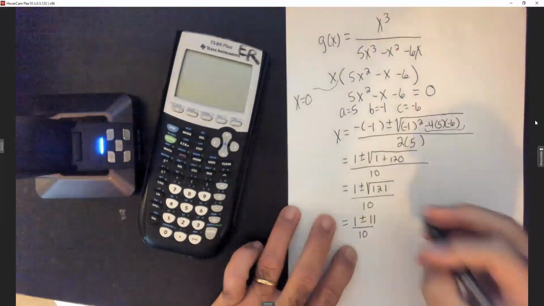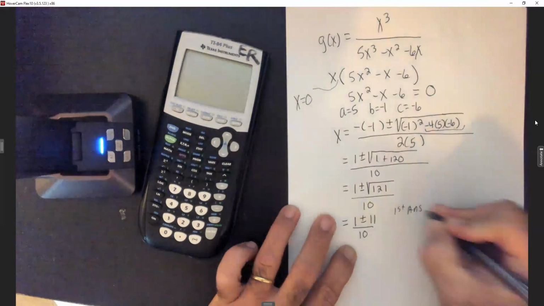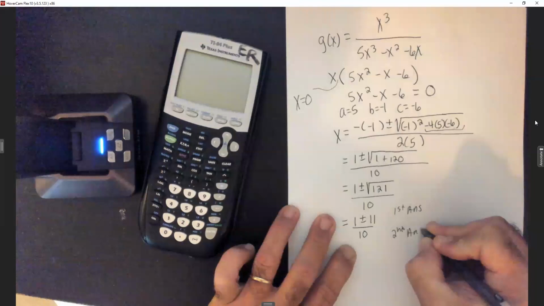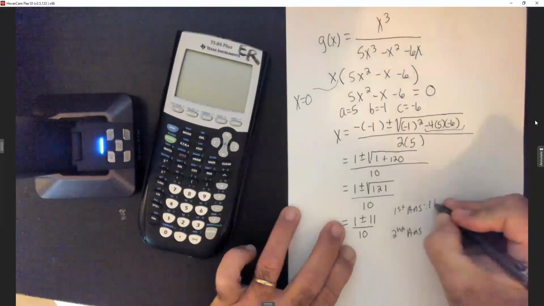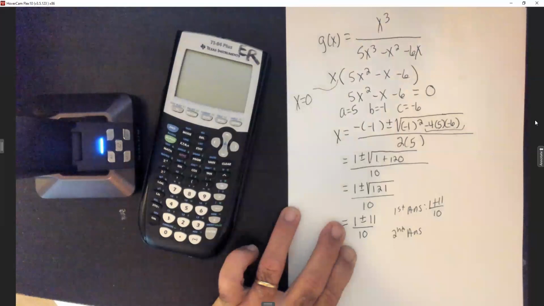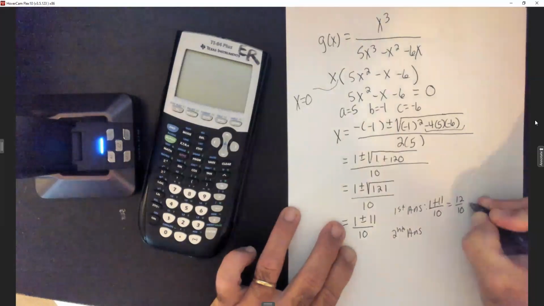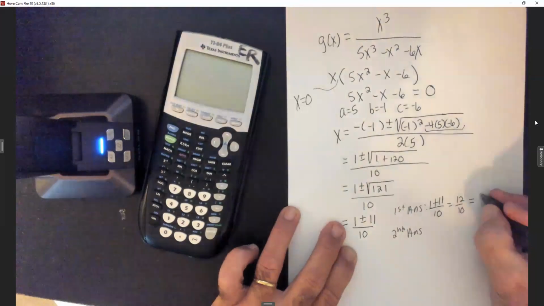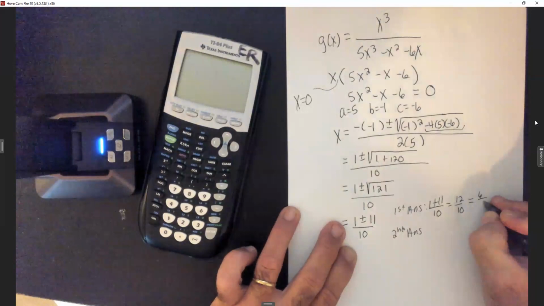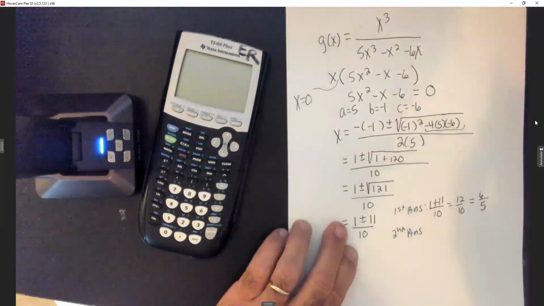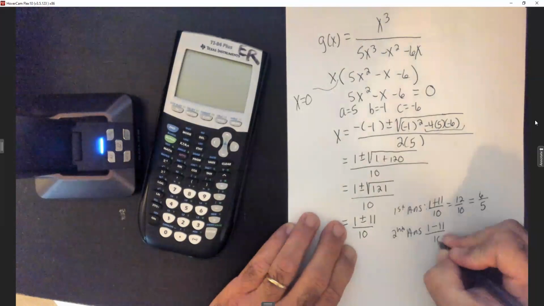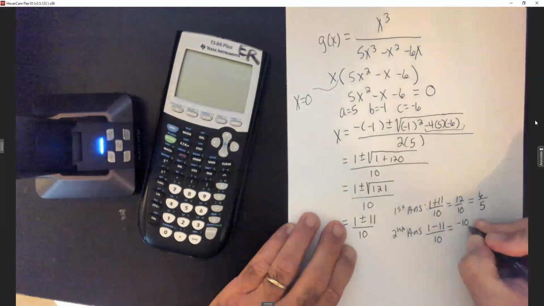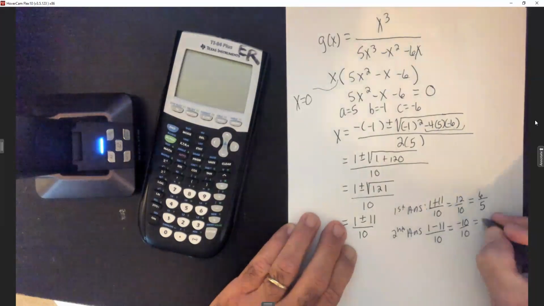So remember, when you got numbers, you got to find your first and second answer. First answer is 1 plus 11 divided by 10. Well, 1 plus 11 gives me 12 over 10, and we can reduce 12 over 10 to 6 over 5. Second answer will be 1 minus 11 over 10, which gives you -10 over 10, which gives you a -1.